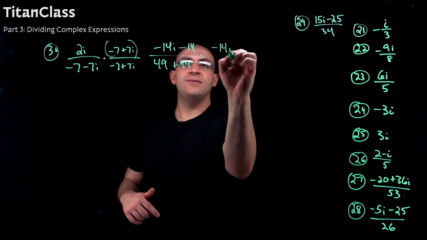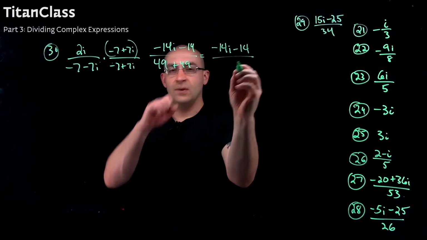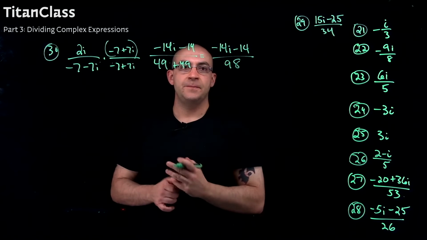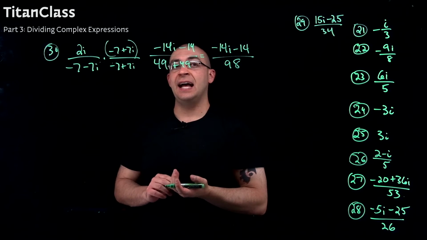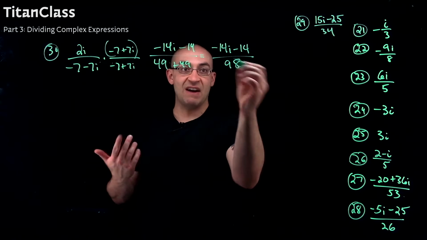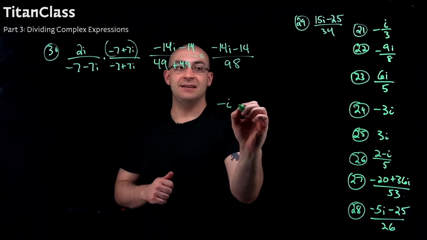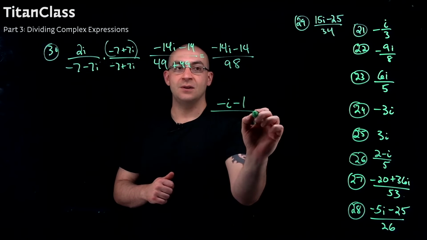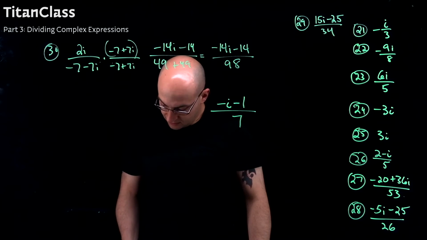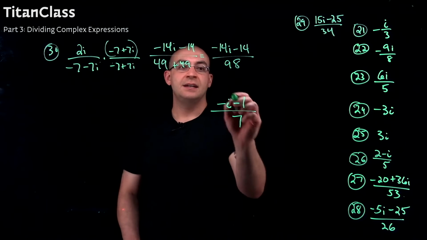This is going to be negative 14i minus 14 over 98. Ugh. They definitely have a 14 in common, hopefully. So let's divide 14 out of everything. This is negative i minus 1 over 7. Ooh. Is that right? Ew, it is.